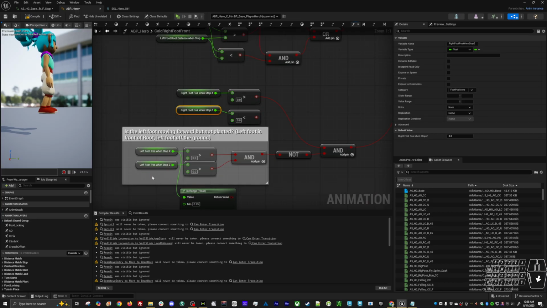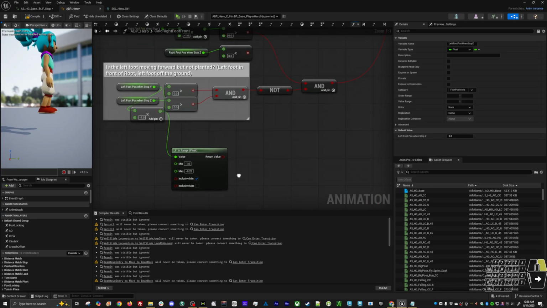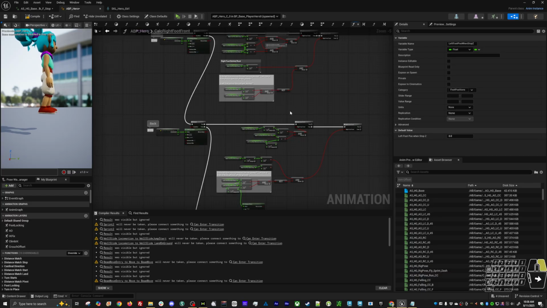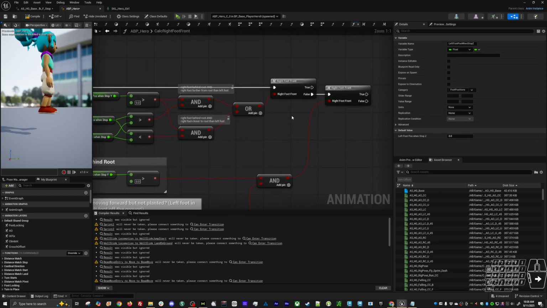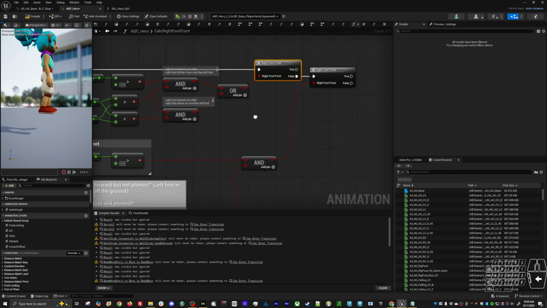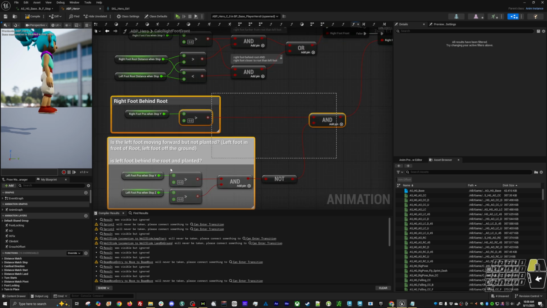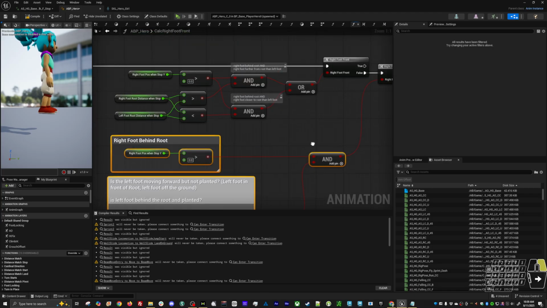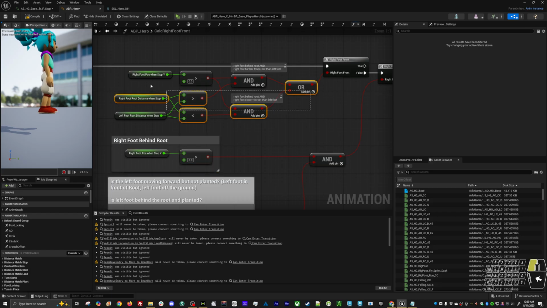At some point here, left foot Z. And then we're just saying if this is false, then we're just doing one more check. If we're behind the left foot, so either one of these is false.